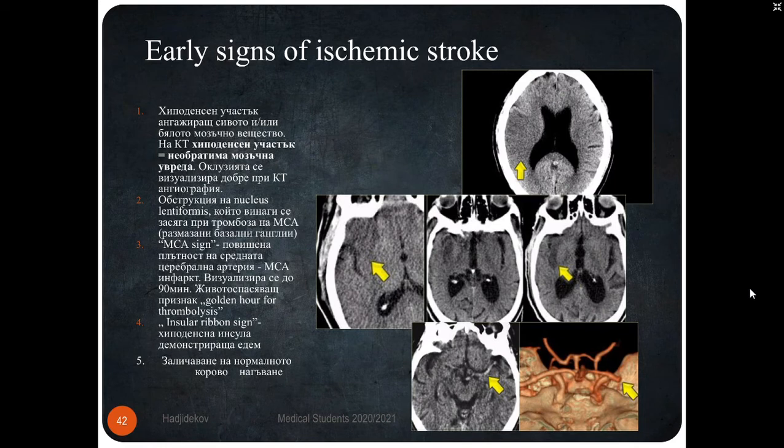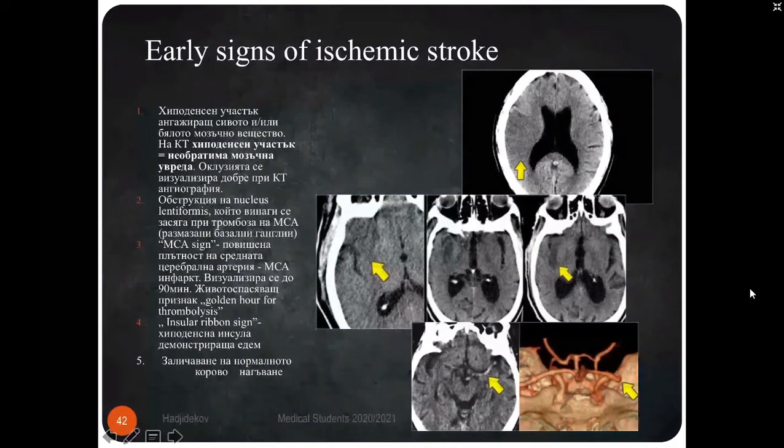This is due to occlusion, which you sometimes see in the lower image here, a high density middle cerebral artery. The so-called MCA sign means high density in the middle cerebral artery, and you can visualize it up to 90 minutes after the onset of this ischemic stroke.